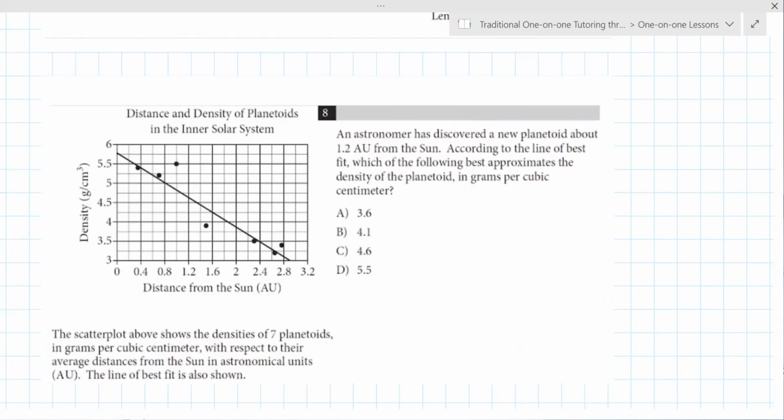According to the line of best fit, which of the following best approximates the density of the planetoid in grams per cubic centimeter? An astronomer has discovered a new planetoid about 1.2 AU from the sun.